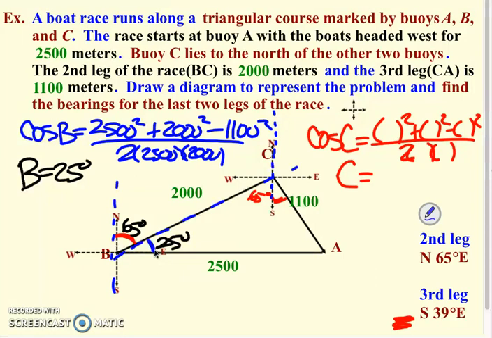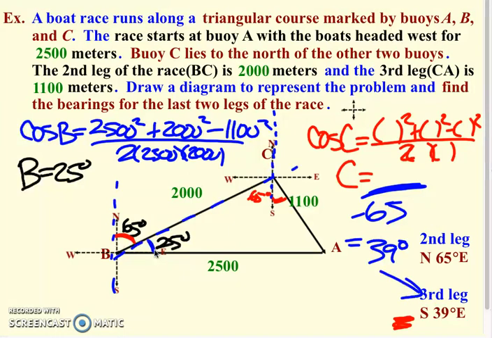So law of cosines, find angle C, subtract 65. Pretty straightforward way to do it.